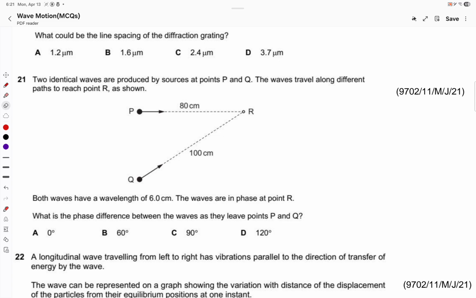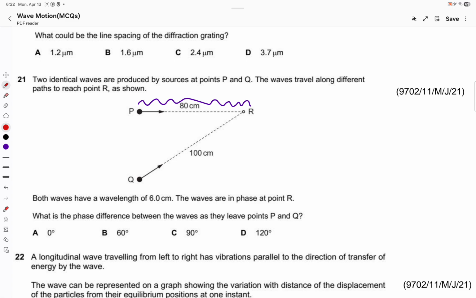Now, it's a little tricky in a sense. They have suggested that however they started, when they reach point R, they are in phase. Let's imagine this. If wave P is traveling, and when it reaches R, it has a crest. Another wave is traveling a different distance.